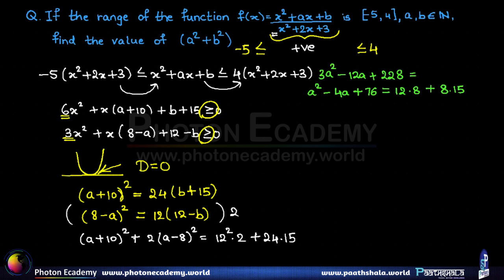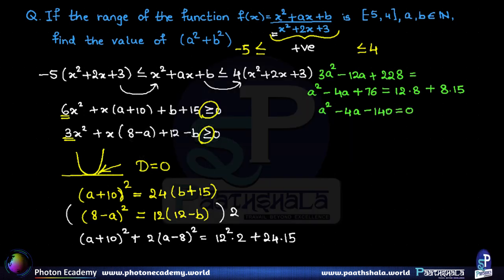So subtracting it from this side, we get a square minus 4a minus 140 is equal to 0. So the values of a will be 14 and minus 10. So these are the two values of a that we are getting.